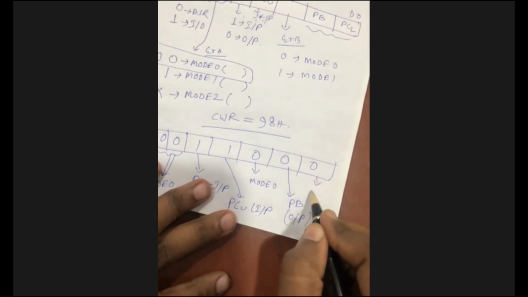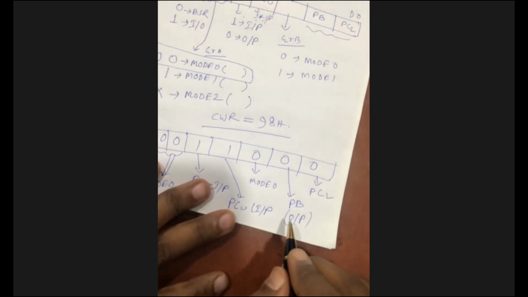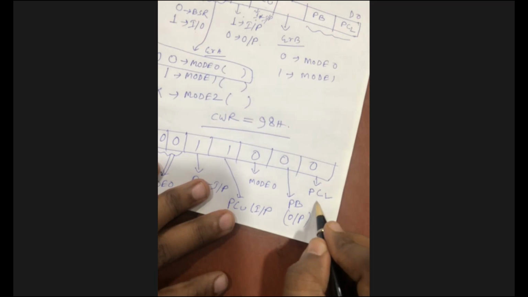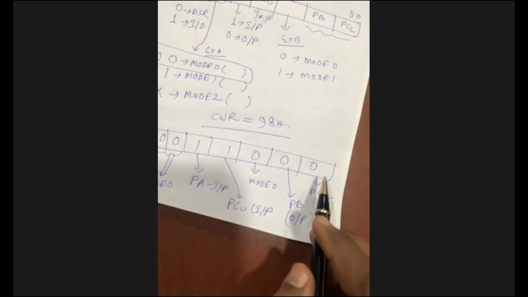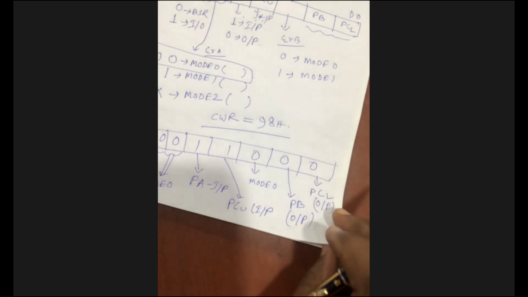This one, port C lower, is also output, as it's a 0.